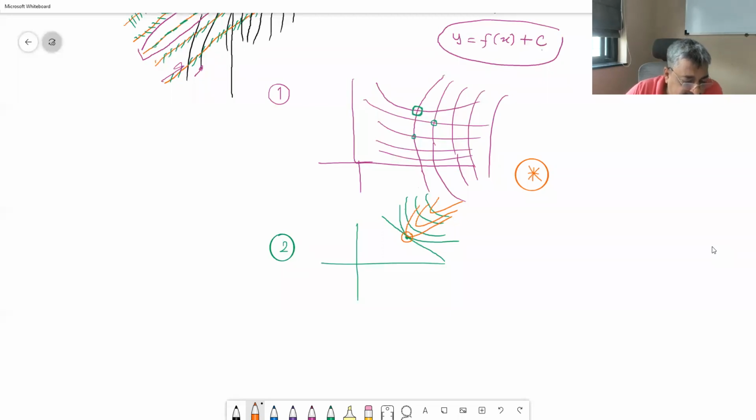The example is, key example 3: dy by dx is equal to 1 minus y upon x.